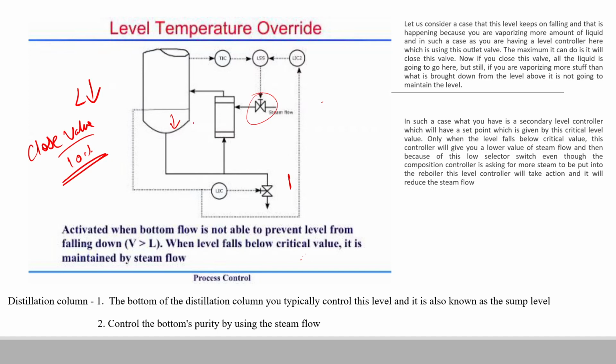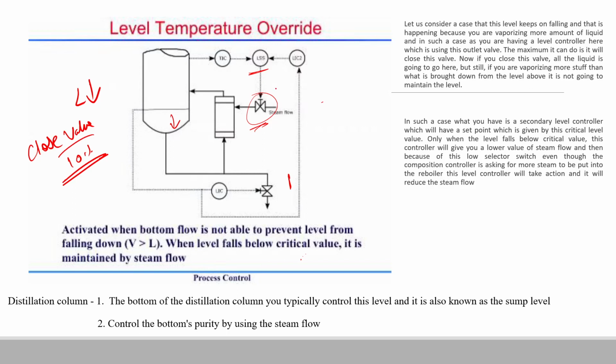So once the level has gone beyond this critical value, we will start to manipulate this steam flow rate. That is what we mean by this low level switch.